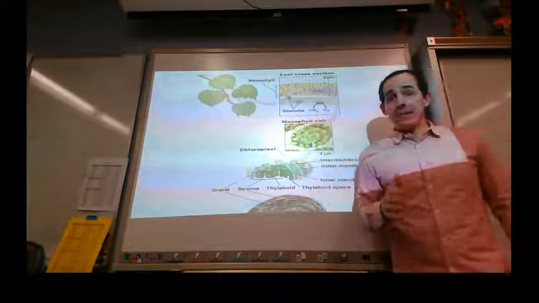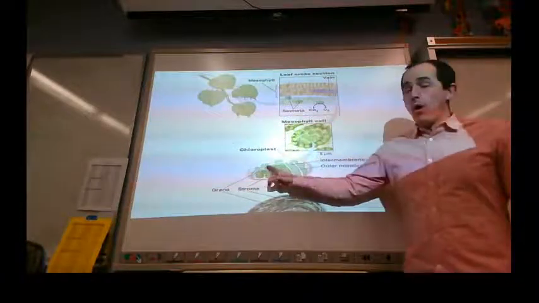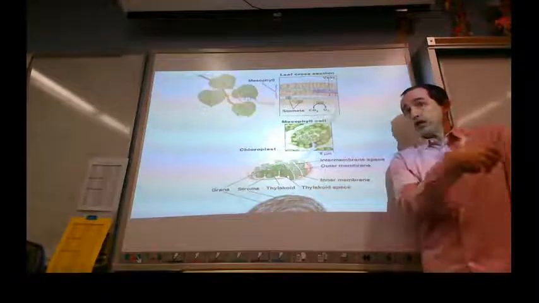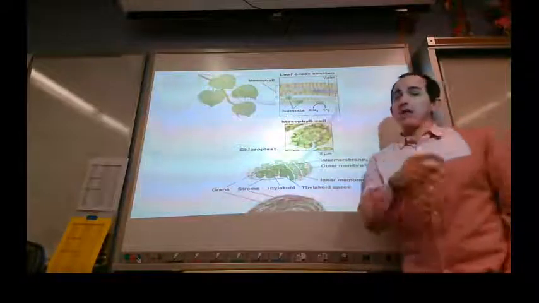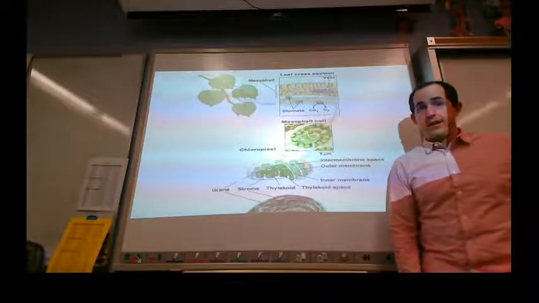What I want you to think about is, yeah, they have the outer membrane, but why would it be important that they have all of this inner membrane? What's the point of that? Why not just have one thylakoid inside the chloroplast?